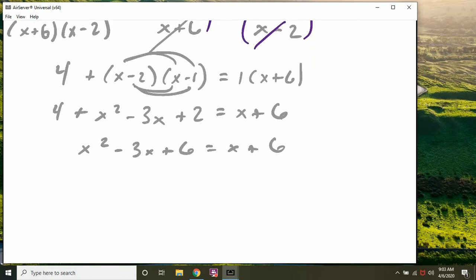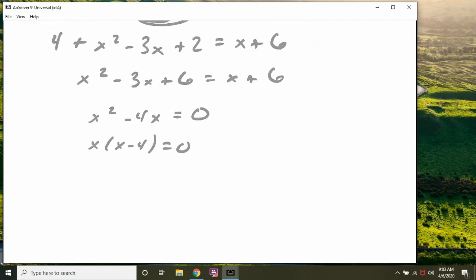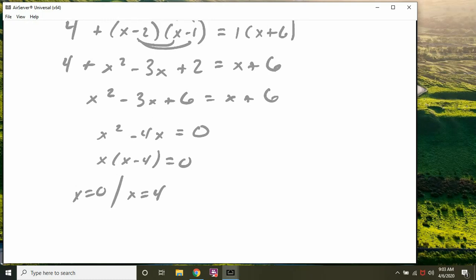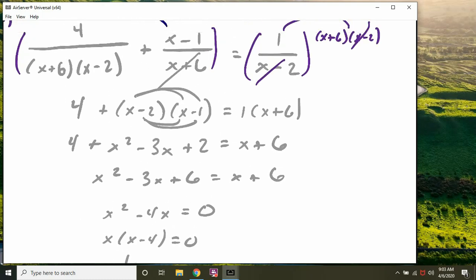Okay, and setting it equal to 0, we get x squared. We're going to subtract x. We're going to subtract 6, so the 6's will go. And we get x times x minus 4, which gives us x is 0, x is 4. If one of those makes the denominator 0, then we've got to reject it. Let's see.